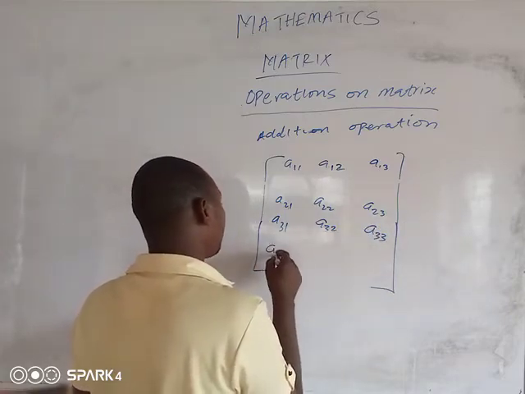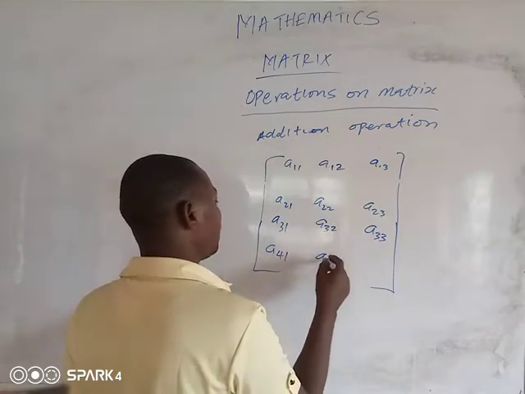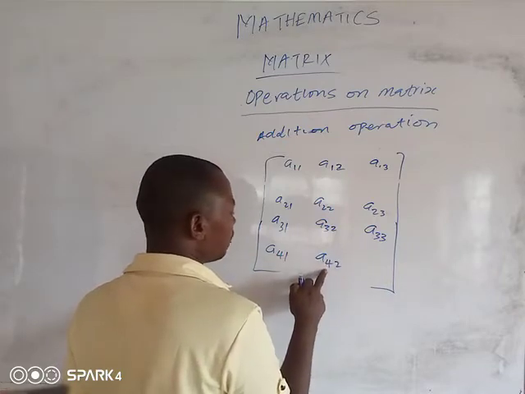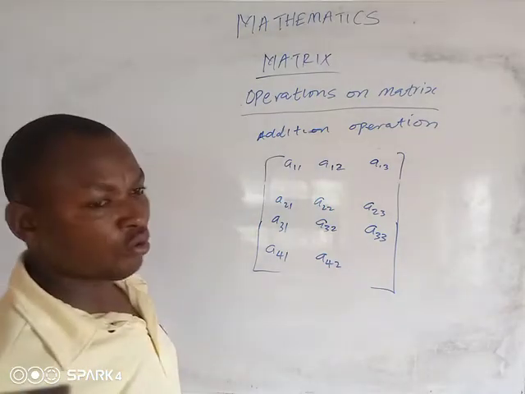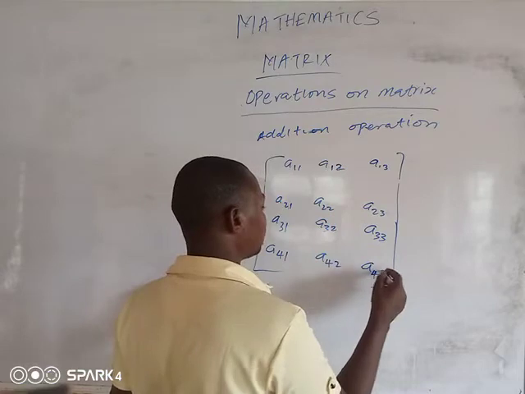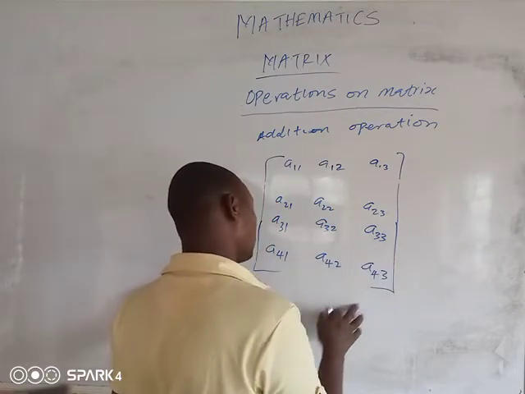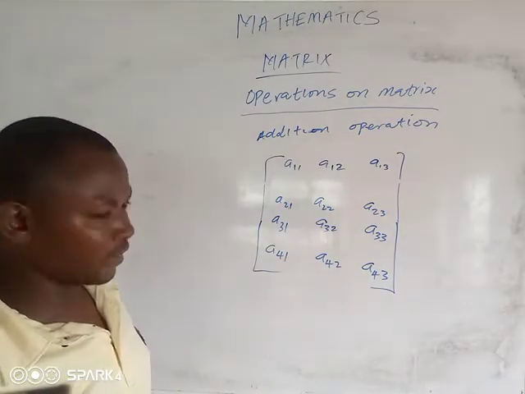We have A41, fourth row, first column. We have A42, fourth row, second column. And we have A43, which is fourth row, third column. So we can have something like this.